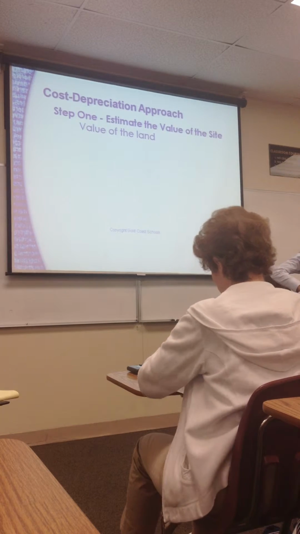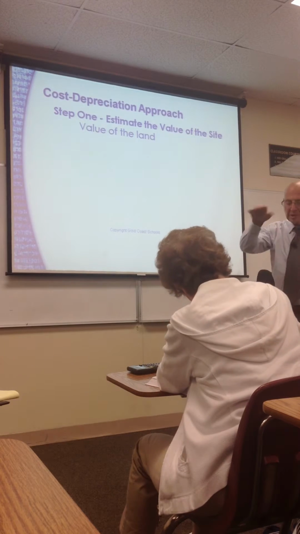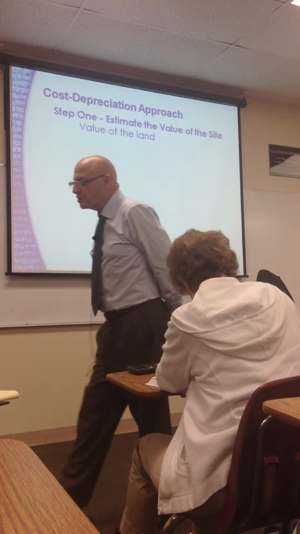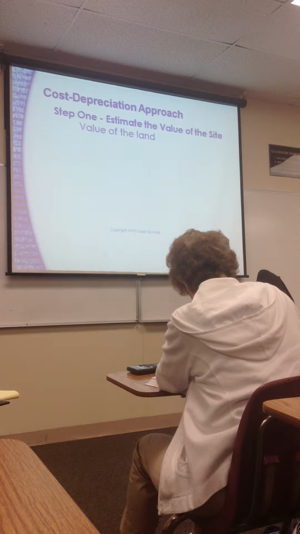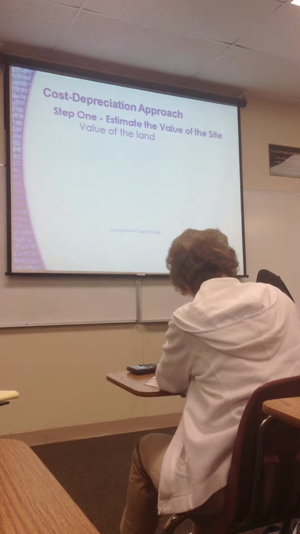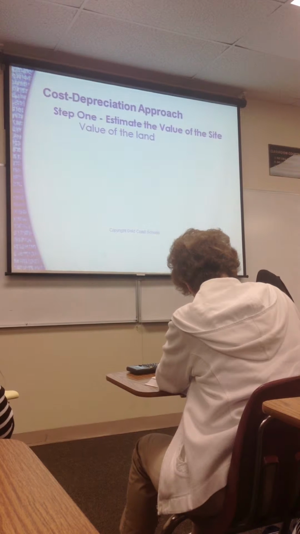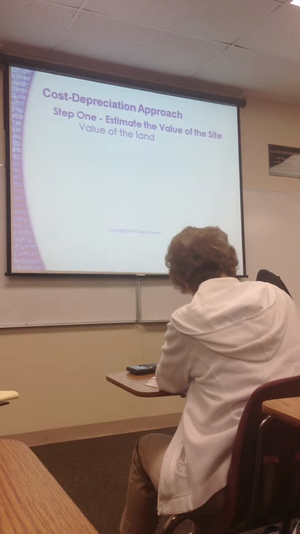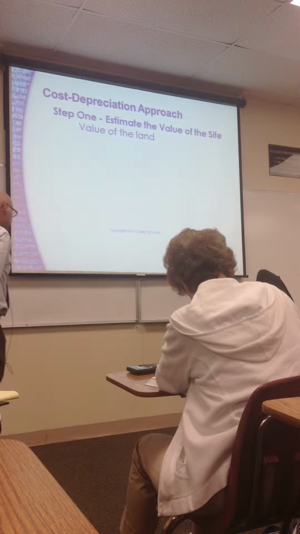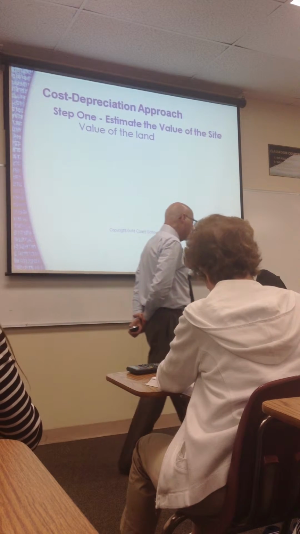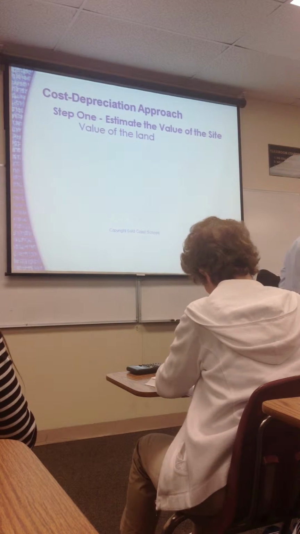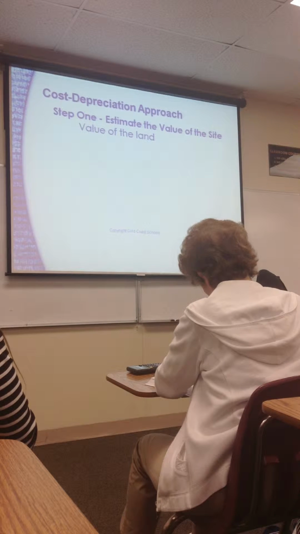Now the first thing the appraiser must do is a site value estimate. There's a very important thing that has to be brought out. We in real estate understand that land is scarce and land is not a depreciable asset. Market values might go up or down, but permanent loss is not the situation in land.